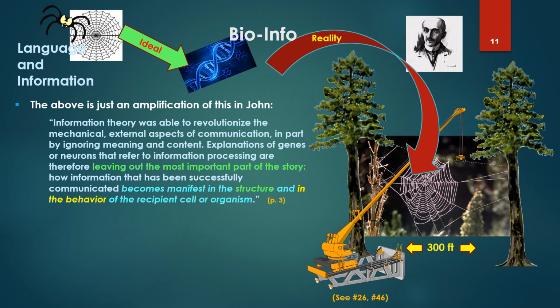Explanations of genes or neurons that refer to information processing are therefore leaving out the most important part of the story, how information that has been successfully communicated becomes manifest in its structure and in the behavior of the recipient cell or organism. So note that last line, how this information becomes manifest in the structure and behavior. We're back to the instinct problem.